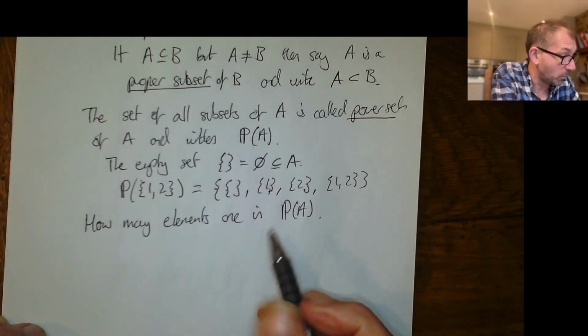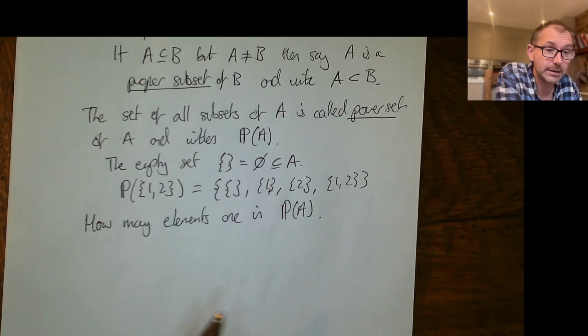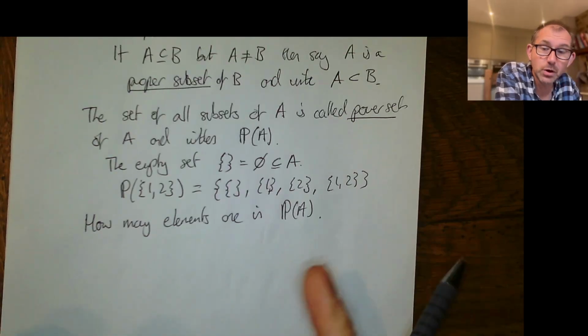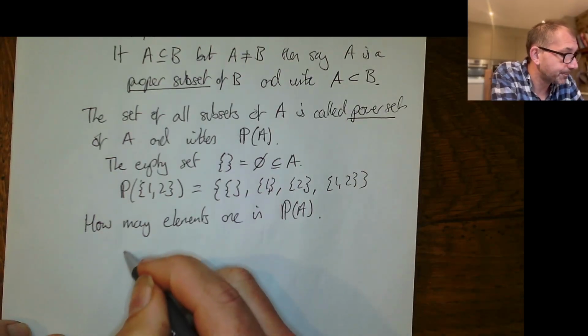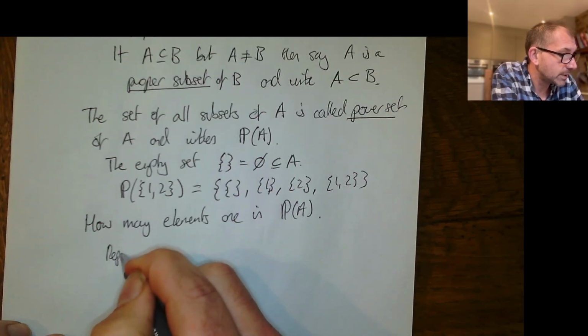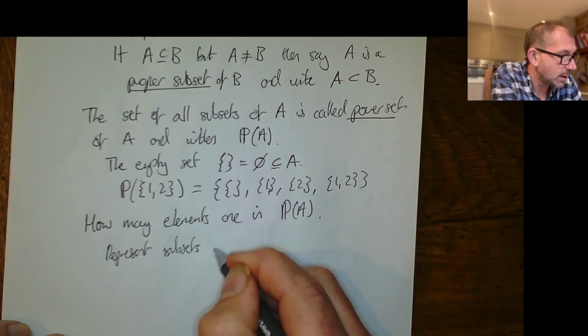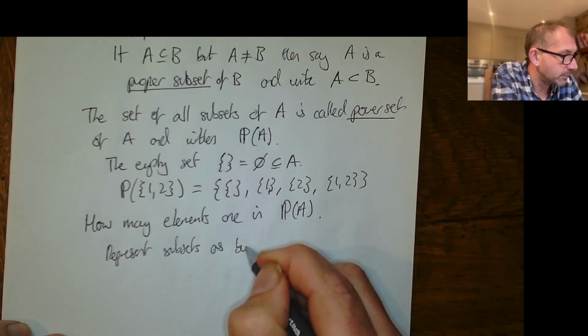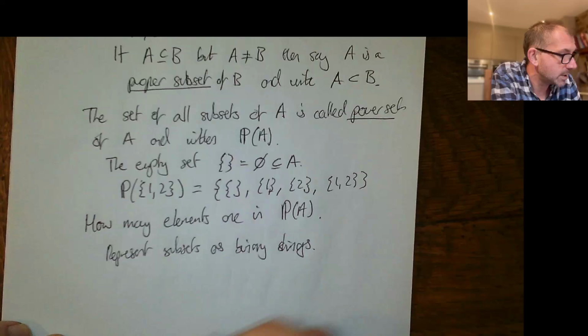So what I want to do is just to know in a subset whether an element is in it or not. And I can represent these as binary strings. So represent subsets as binary strings. So what does that mean?